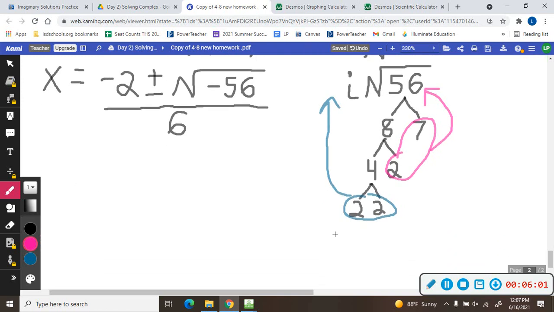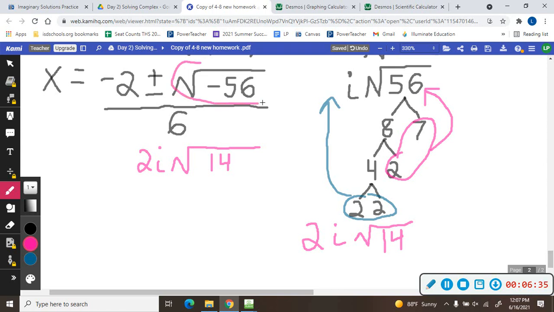So all of that, I would get i, one 2 came out, and then we had the 2 and the 7 stay inside. 2 times 7 is 14. So I could replace this part with the square root of 14 with the 2i. So I'm replacing this part. The rest stays the same.